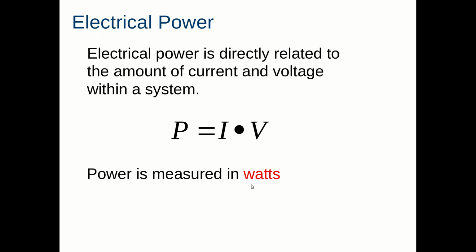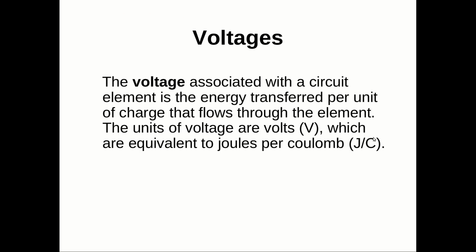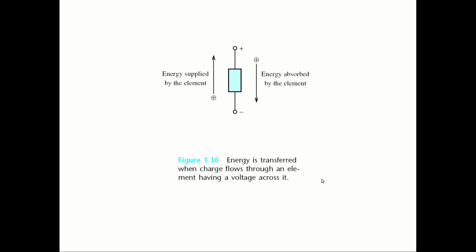I think you hear about this amount. Okay, now as you remember, the voltage is some energy. So it is joules per coulomb, energy per charge. So we can relate the voltage and the current to the power.